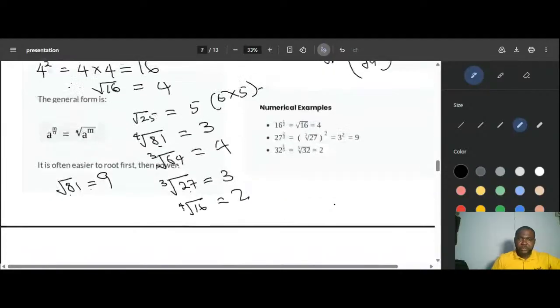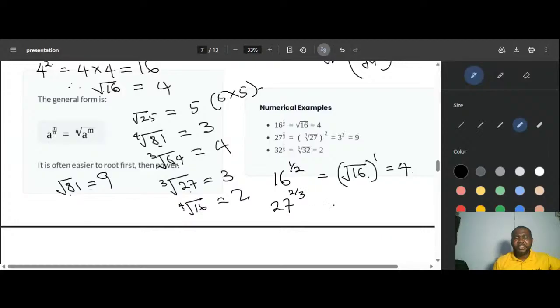Based on this, you can see that if I say 16 raised to power half, this half here means square root. It means square root of 16 raised to power 1. And square root of 16 is 4. 4 raised to power 1 is 4. 27 raised to power 2 over 3. Over 3, anytime you see a fraction, it means root. Over 3 means cube root of 27.